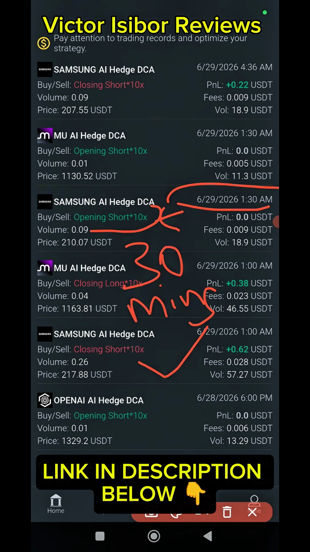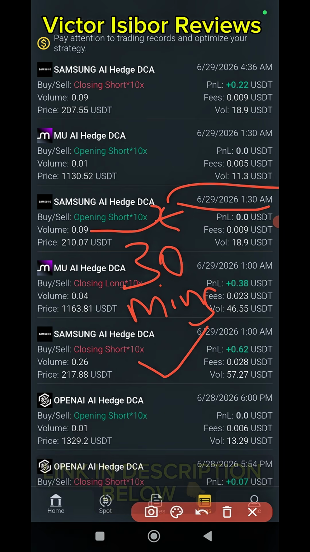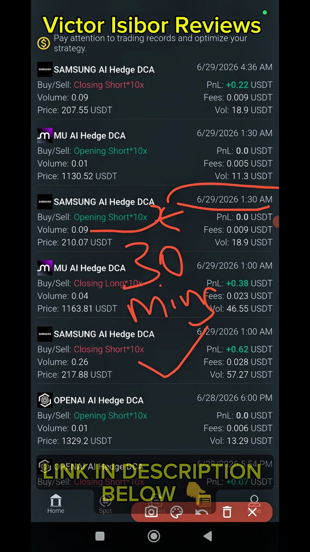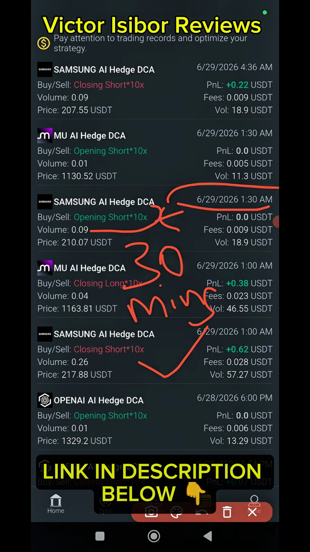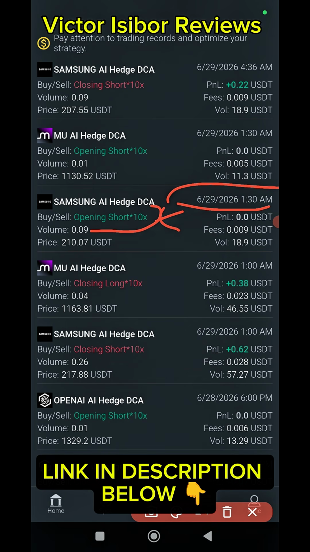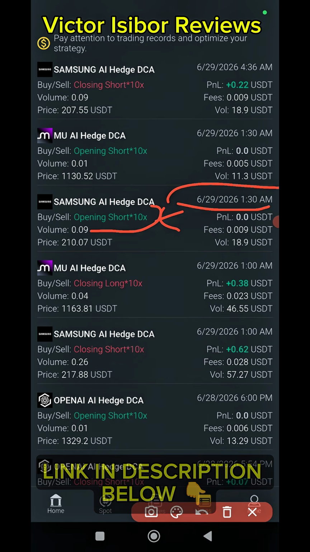Then eventually, when it hits take profit, hopefully, or stop loss, it has a cool down period, after which, as soon as another signal comes, it reopens another position for the same stock. And that's how it works, guys. So at 1:30 a.m., another Samsung opened.